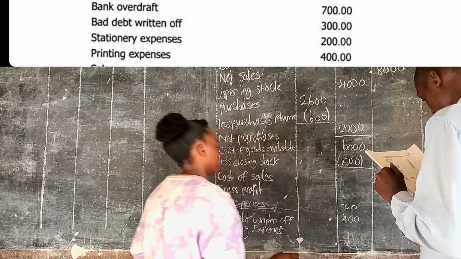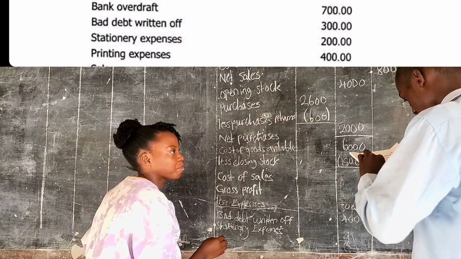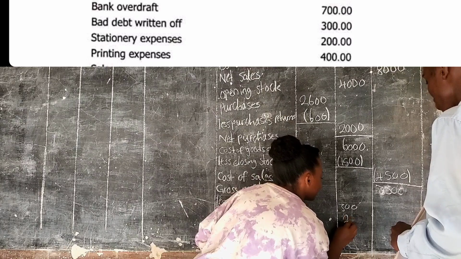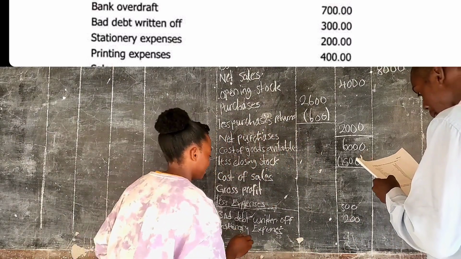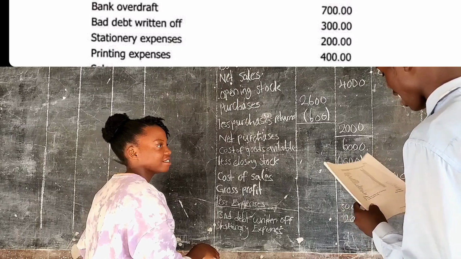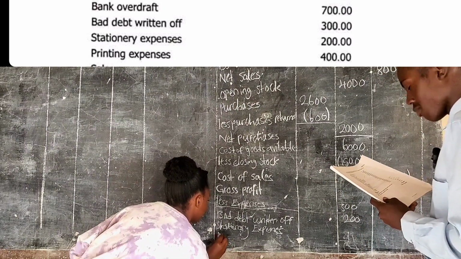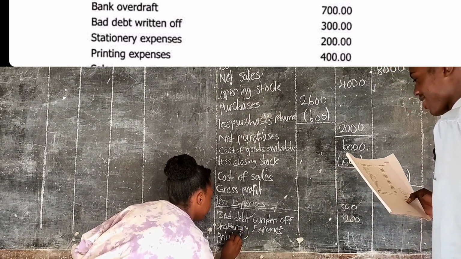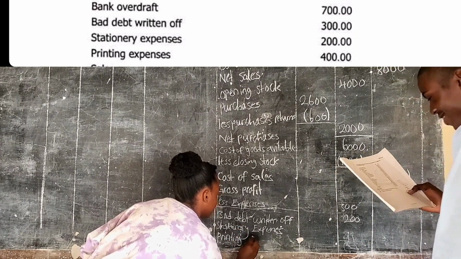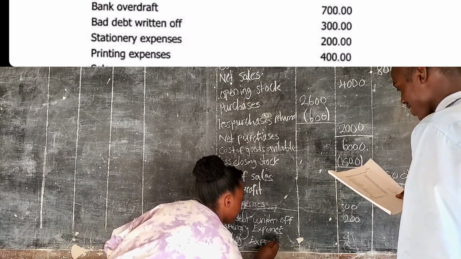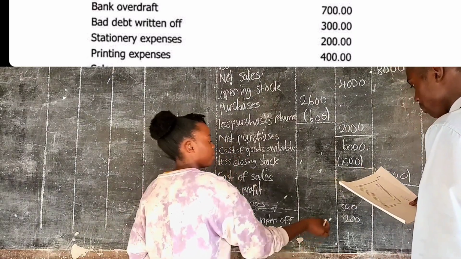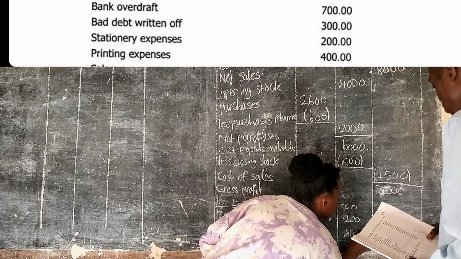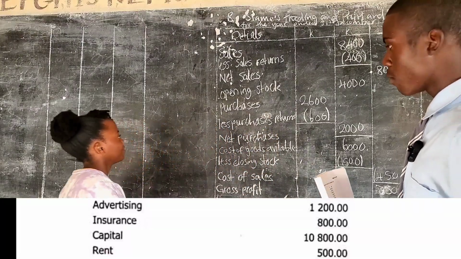Sorry, it's 200. What's the next one? Another expense, 400. So we move to the next. Advertising. How much? 1,200.